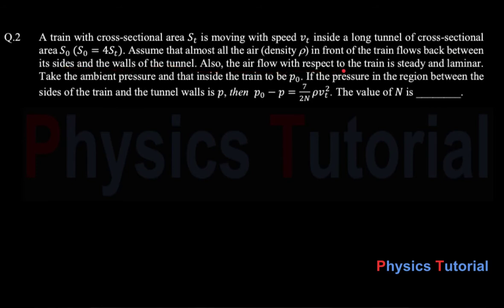Also, the airflow with respect to the train is steady and laminar. Take ambient pressure, and that inside of the train, to be P0. If the pressure of the region between the sides of the train and the tunnel walls is P, then P0 minus P is equal to 7 by 2n rho Vt square. Then you have to find the value of n.